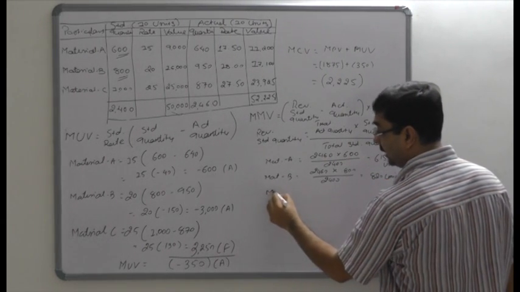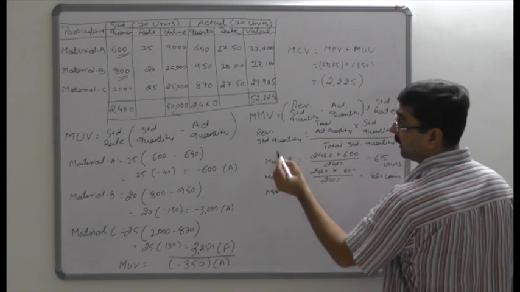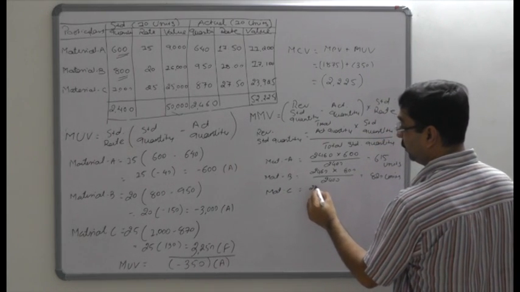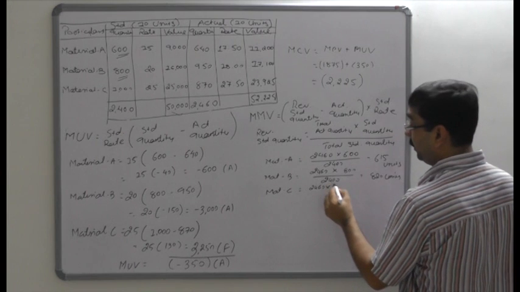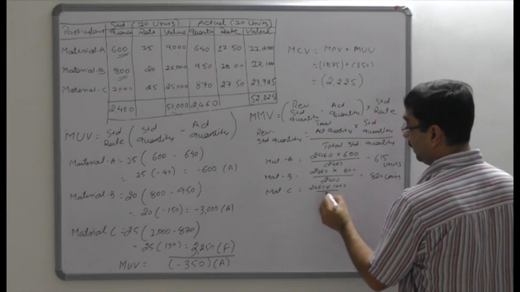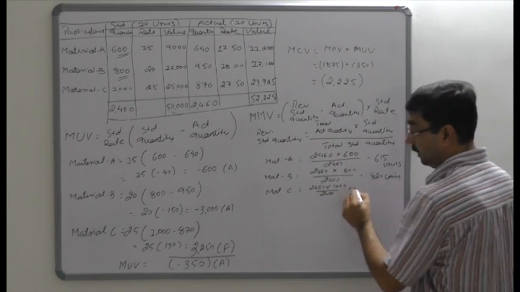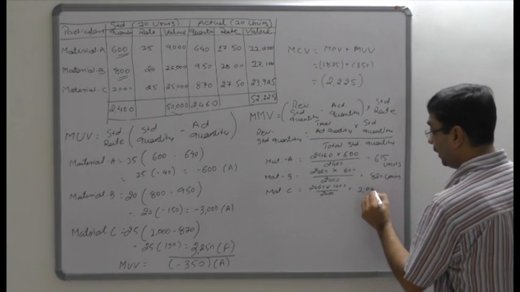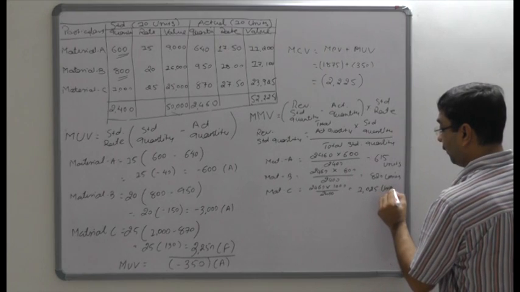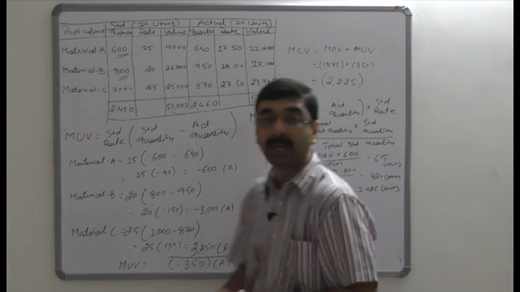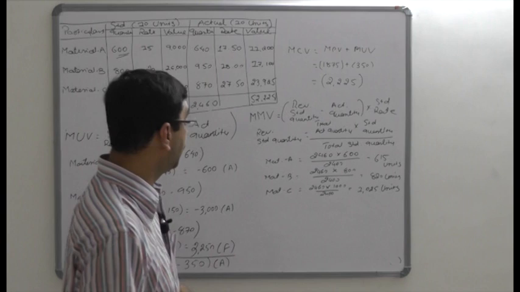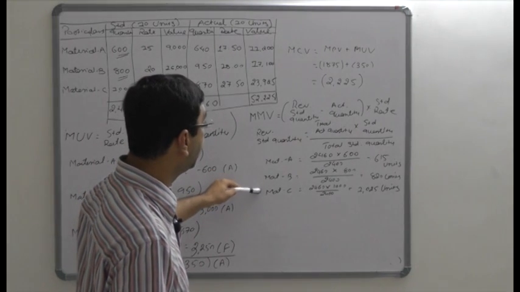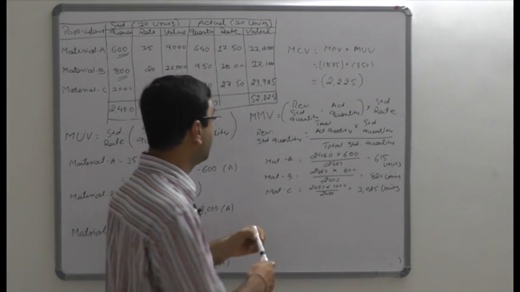And for material C: 2460 into 1000 divided by 2400 comes to 1025 units.